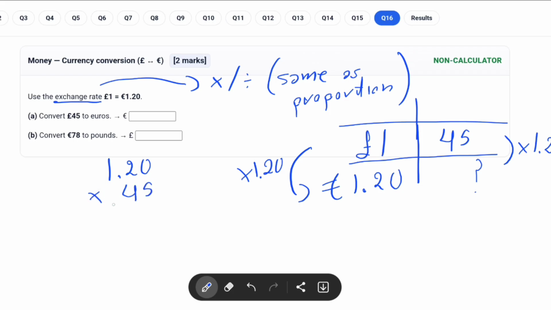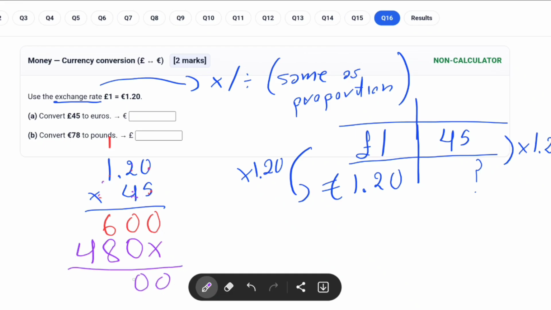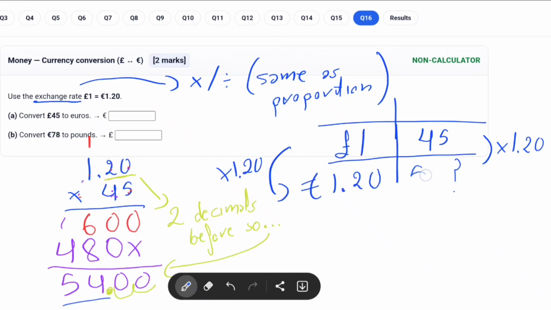I'm gonna show you here how to do it with the columns. So now we know that the answer is 54 euros.